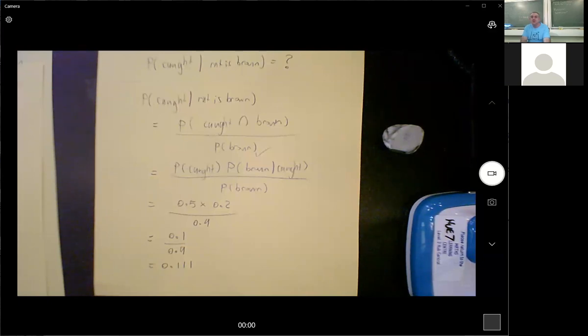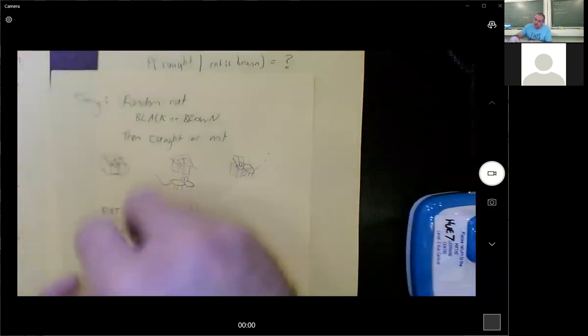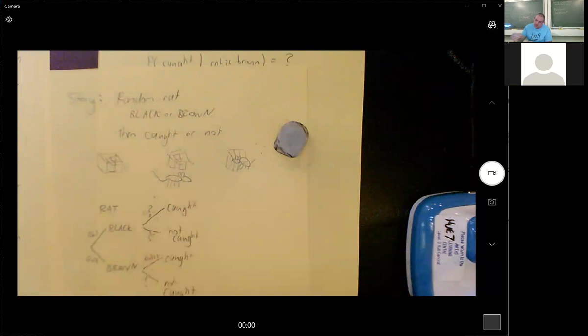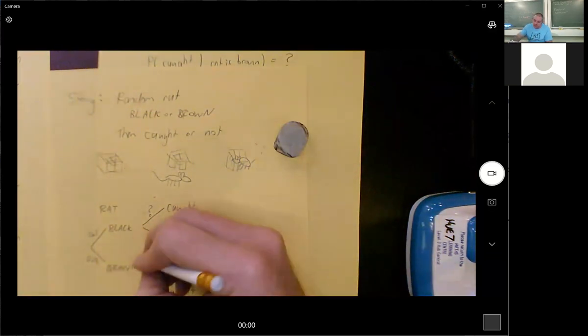I don't like that it doesn't match with my tree diagram. I mean, it does. This is the number here. That's the number I just figured out.